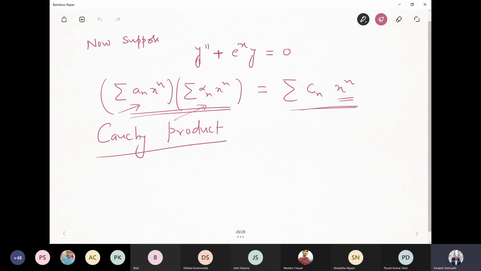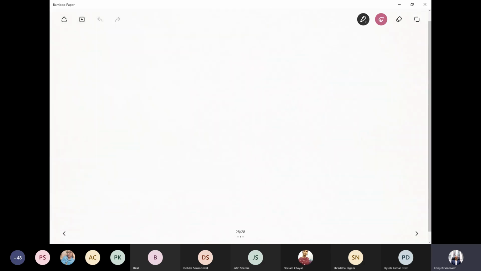So what the Cauchy product says in this case is you can write the product of two series, a_k x^k multiplied by the series b_k x^k, as the series c_k x^k.